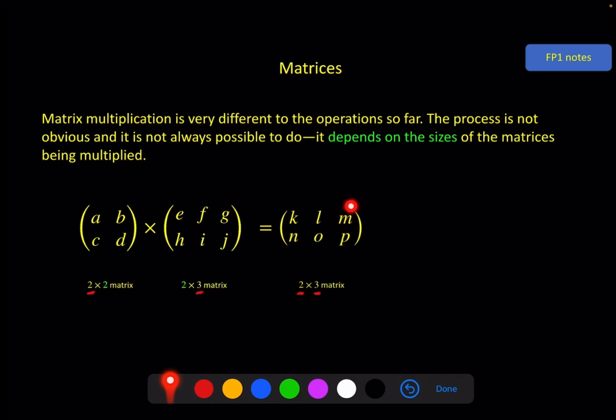For the first row, third column answer, A times G plus B times J. And you can see here that this element times one of these and this element times one of these gives you a reason why we need a certain number of columns here. That gives us two elements going across a row, and a certain number of rows here, that gives us two elements going down a column, and they need to match, otherwise you end up running out of elements, and you won't be able to do it like we had in the starter question.